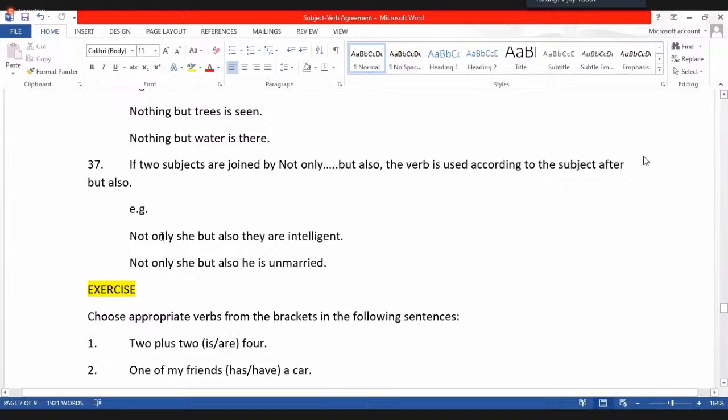So here, not only she but also they. She is one subject, they is another subject, joined by not only but also. So after but also, here they. So that's why we use plural verb. Here, not only she but also he. Here after but also comes he, so according to he, is. So not only she but also he is unmarried.